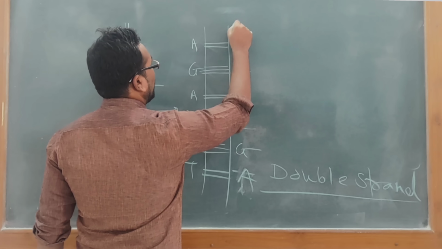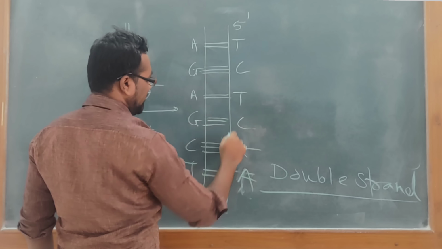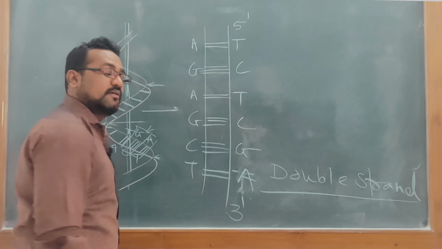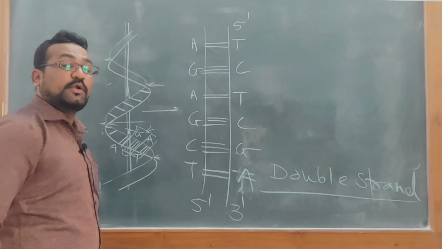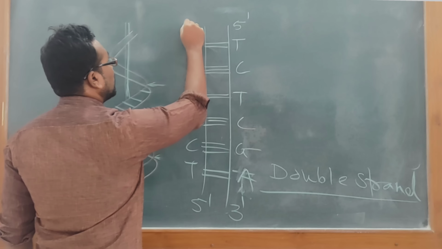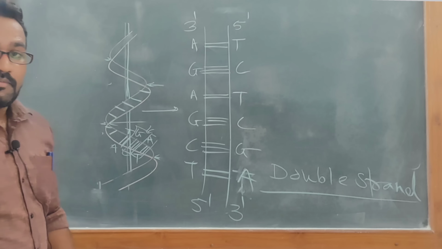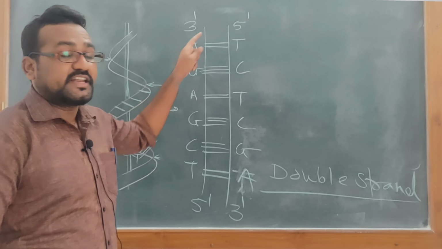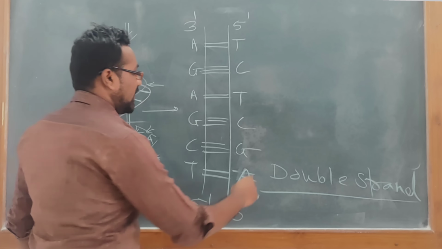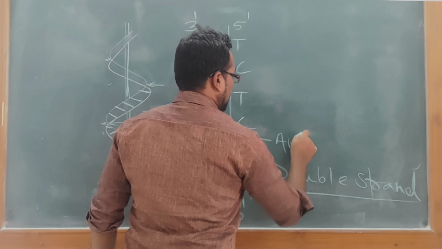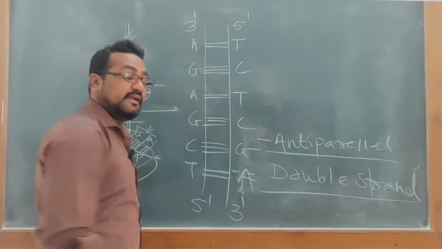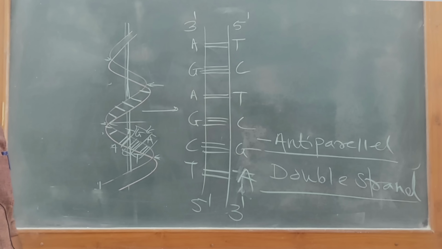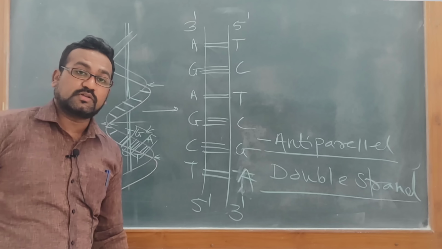But one strand orientation is always 5 prime to 3 prime, and another strand orientation is always 3 prime to 5 prime. Means what? Two strands of DNA are anti-parallel to each other.